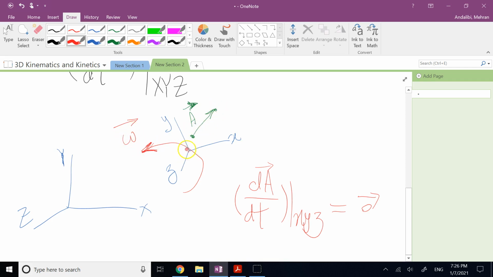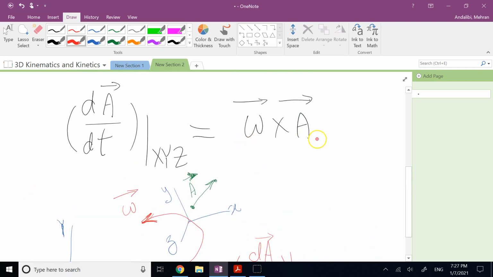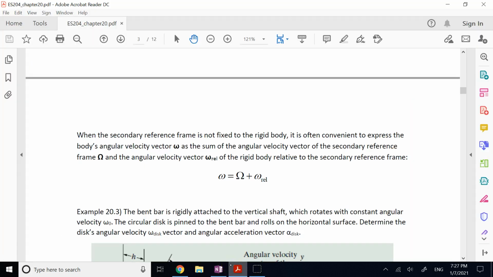But if I put my sensor attached to this fixed frame and ask whether vector A changes with respect to time, yes, there is. Although its magnitude is constant, it does change direction, and the change due to direction is omega cross A.